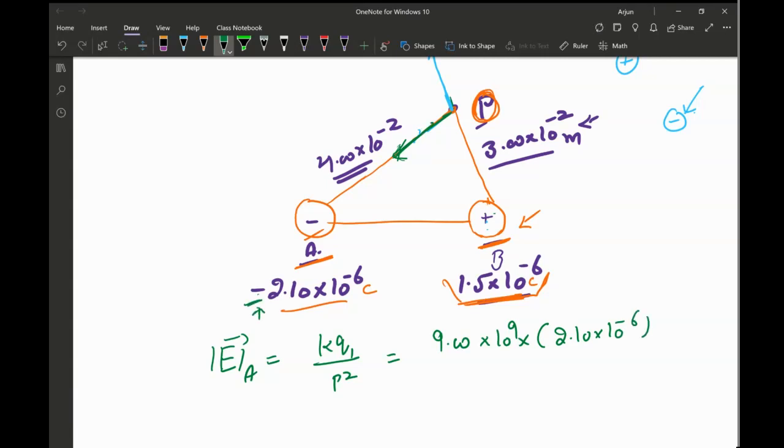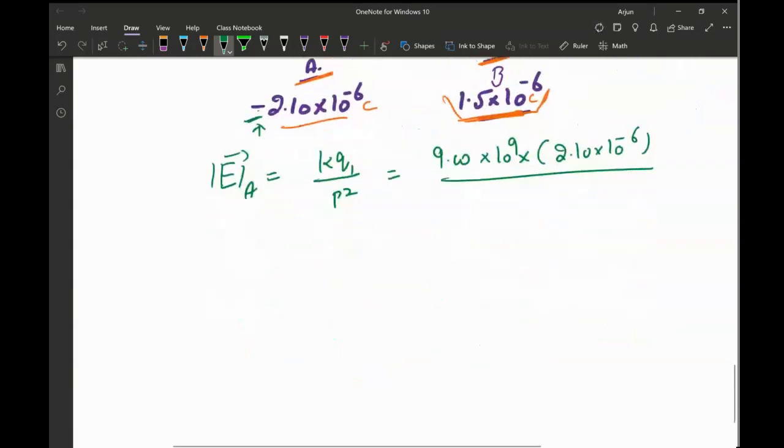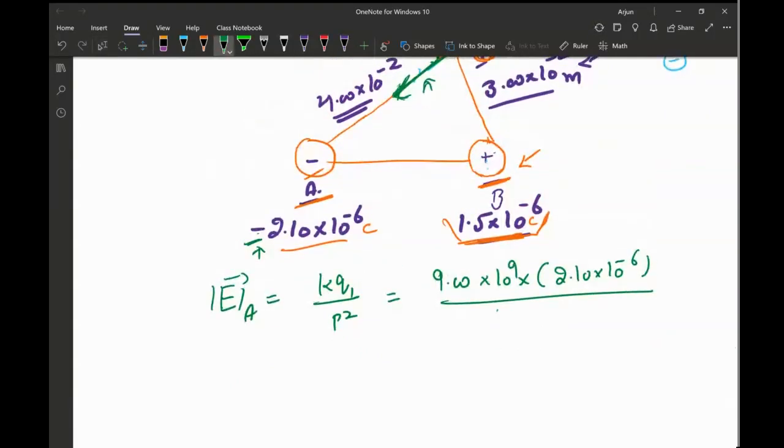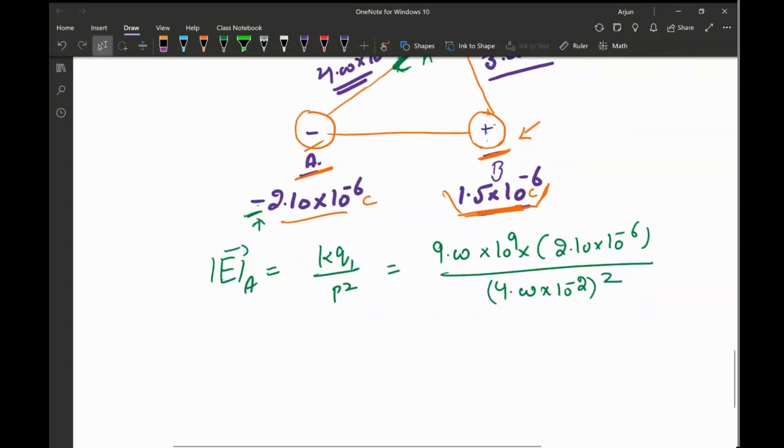The negative sign is just to tell me the direction of the electric field, which is inwards towards A. And then the distance is given to me, 4.00 times 10 raised to the power negative 2, and I'll square it. Once I do the calculation, this value comes out to be 1.180 times 10 raised to the power 7 Newton per coulomb.